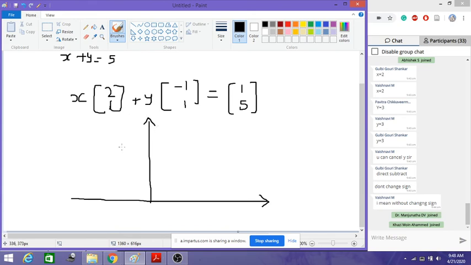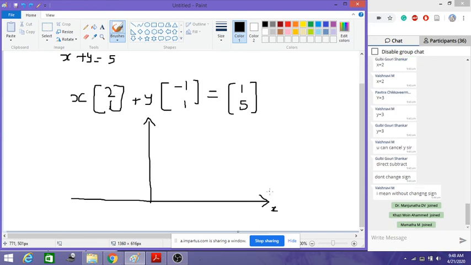So x and y. Sorry, it's not x and y, it is the columns actually. So now we will take the first vector here.